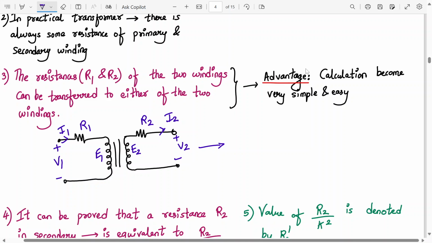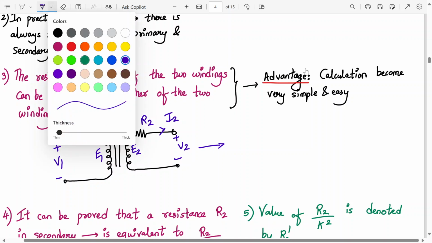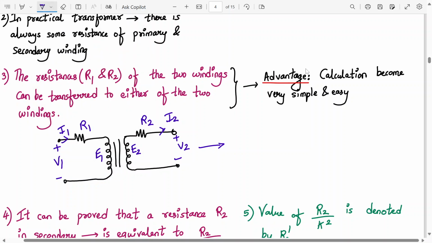When it gets transferred, the diagram changes as follows. Here we have R1 already. Now you have transferred R2, the secondary winding resistance, to the primary, so I'm calling it R2 dash. This is R1 actually.